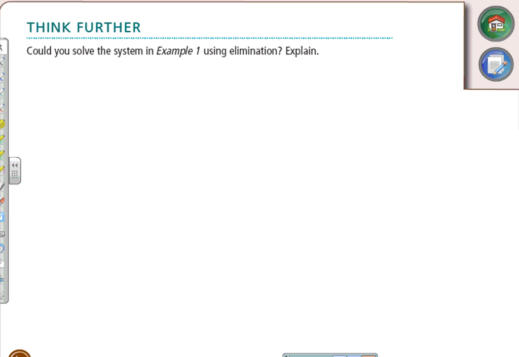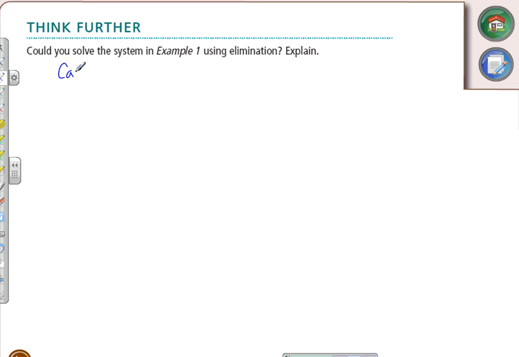So now the question is, in that last example, could we have used elimination? Well, one of them had an x squared, one of them had an x. I can't add or subtract to be able to eliminate one of those. However, both of them had a y. So I could have eliminated the y's.